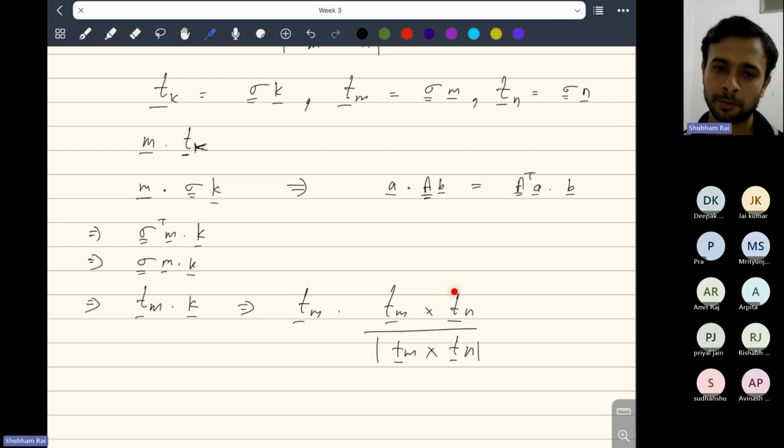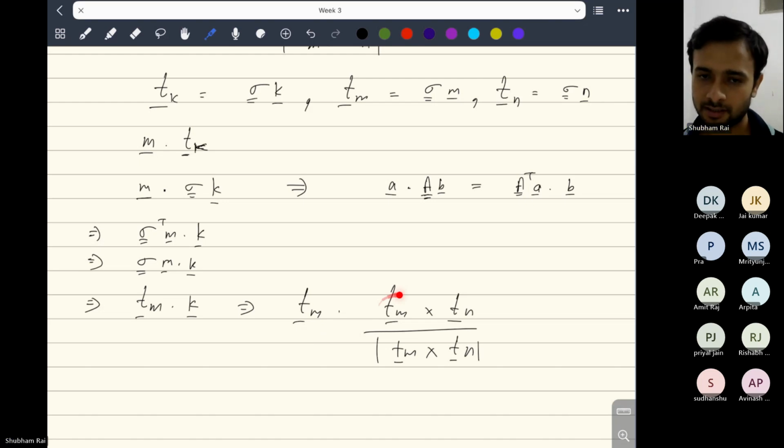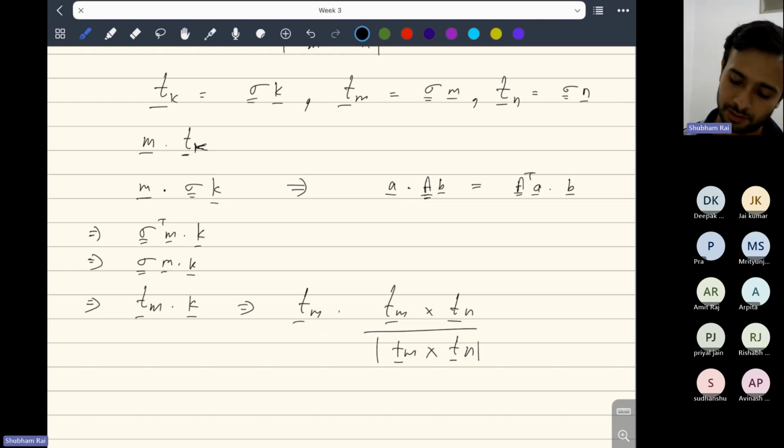How do you find a scalar triple product? You just take these three vectors as three rows of a matrix and find its determinant. Now, since these two vectors are the same, two rows of the matrix will be the same, so they will be linearly dependent. That's why the determinant will be zero, so this will lead to a zero value.